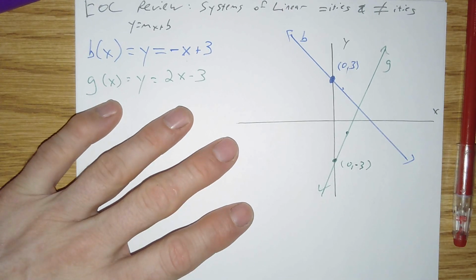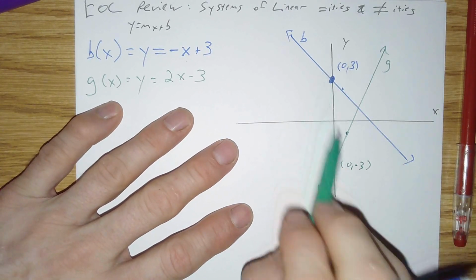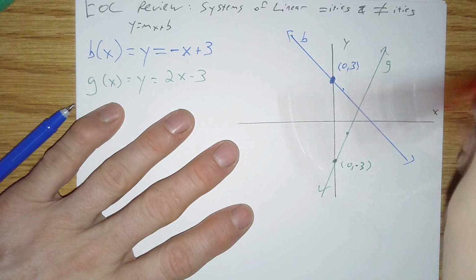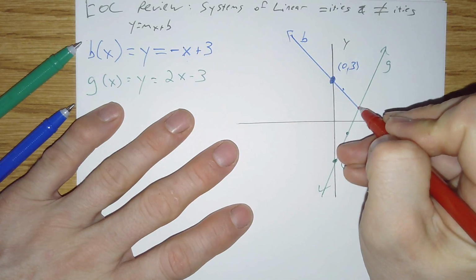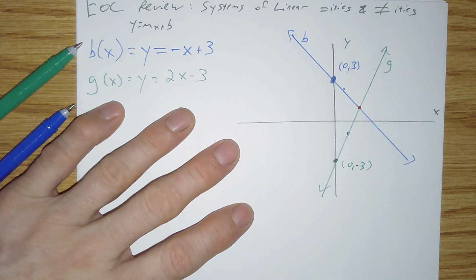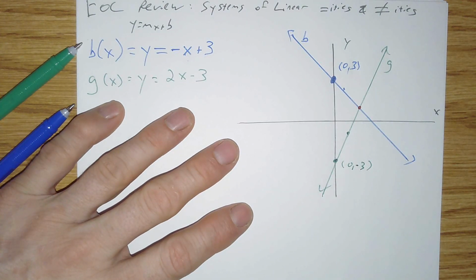Now, if you notice something about these two lines, they meet at exactly one point because they are lines on a plane and they are not parallel. So what is that point?